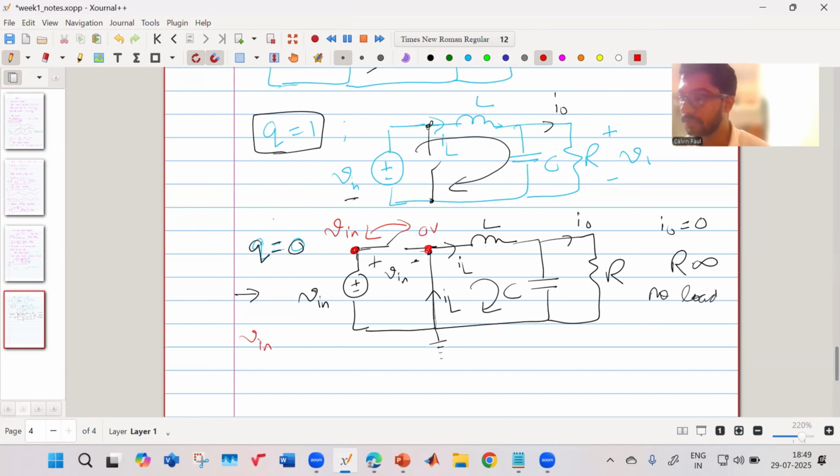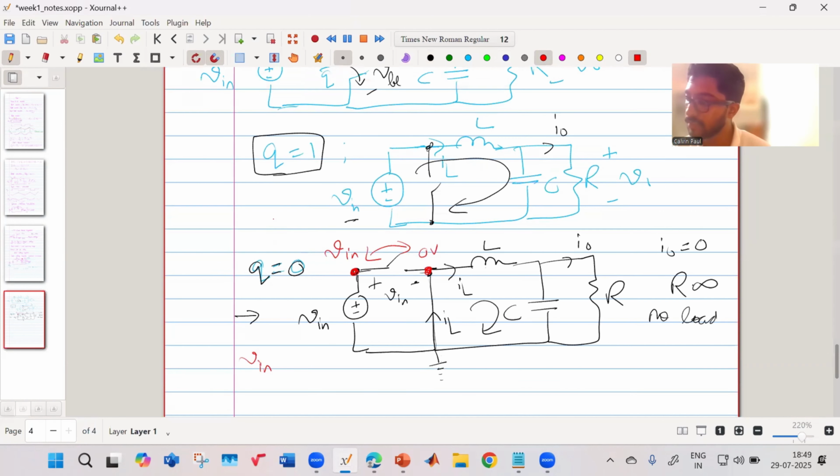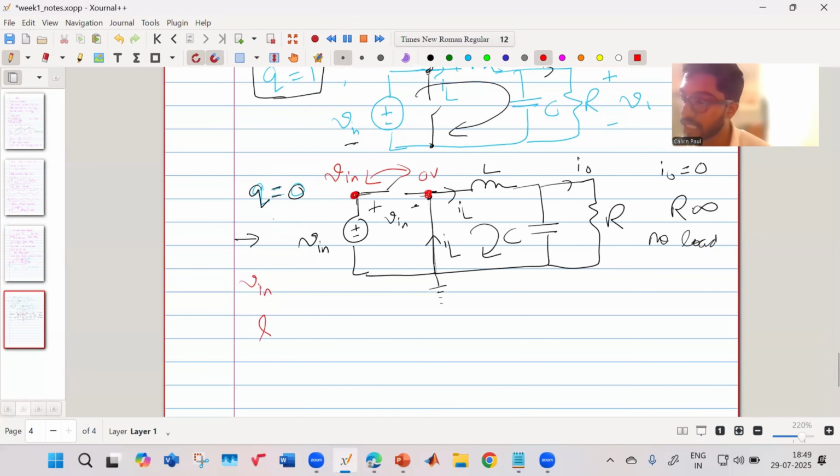So for the selection of switches, there are many things. Hopefully you will use all these things in your projects or in your actual work. You have to select a switch which can withstand this input voltage, and we usually consider a factor of safety.